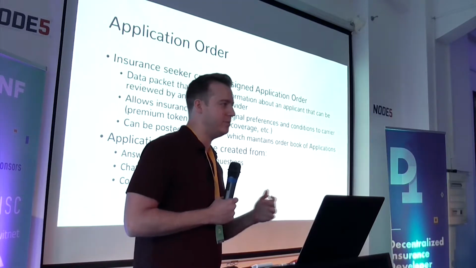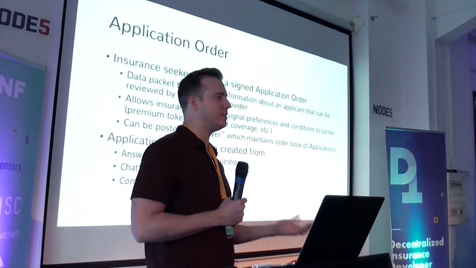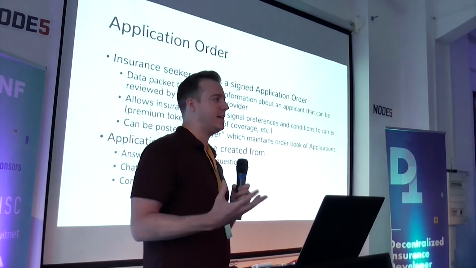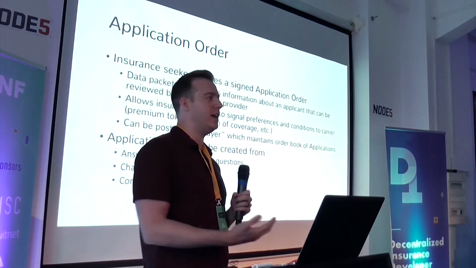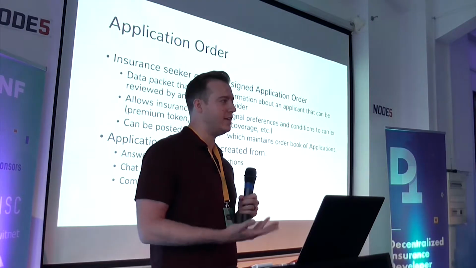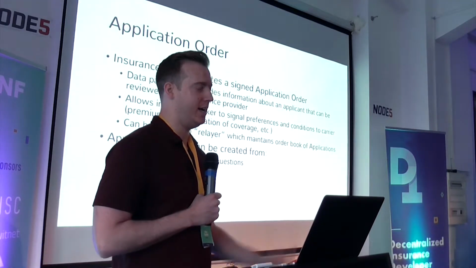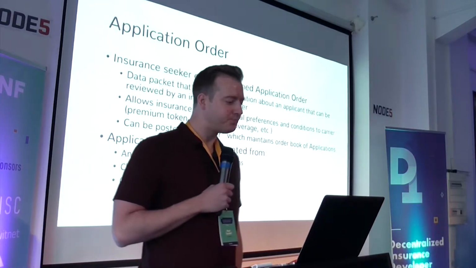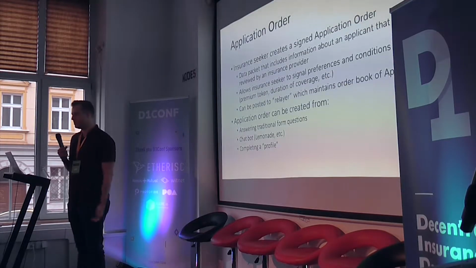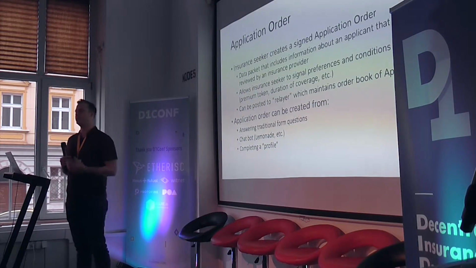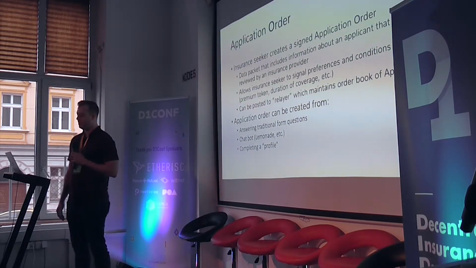So in the typical way that you would have an application for insurance, this is basically taking that concept, putting it into a JSON object, including a signature from a private key, and then being able to pass that on to an insurance carrier. And it allows the insurance seeker to signal their preferences and the conditions that they may be interested in for their insurance.